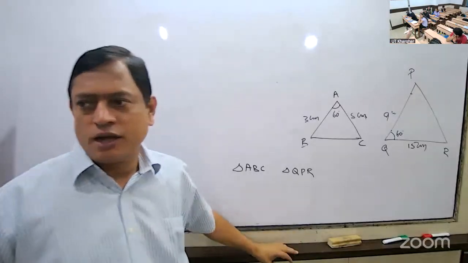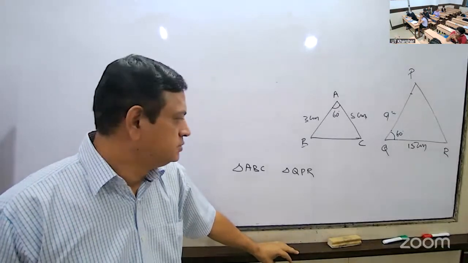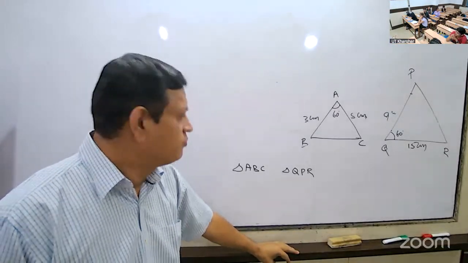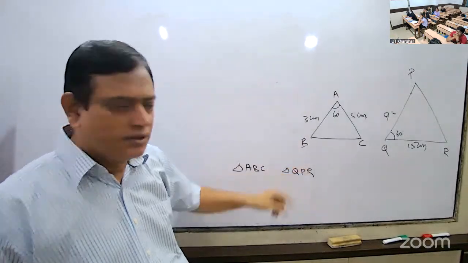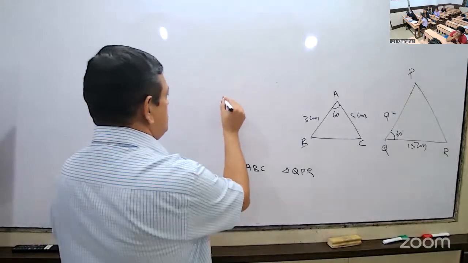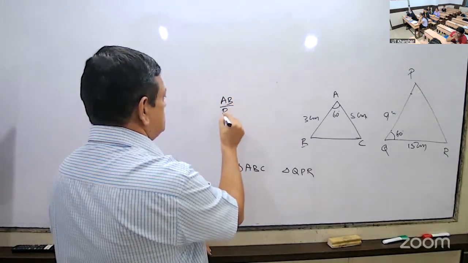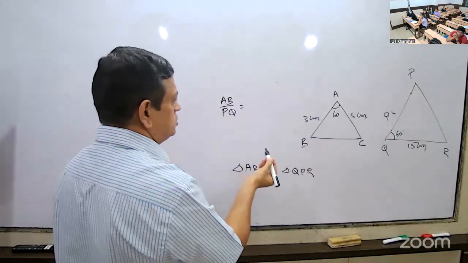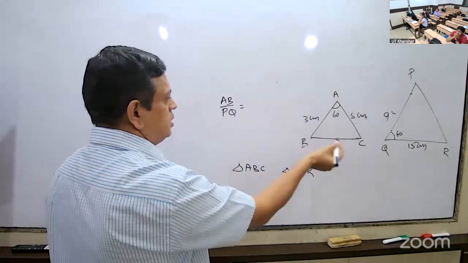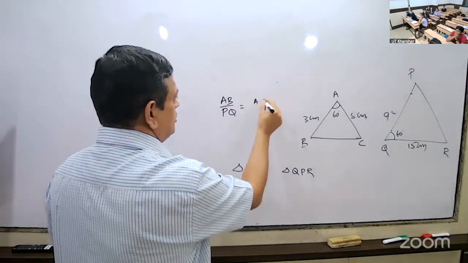Okay, tell, Aditya. Yes, sir. First you tell what are the conditions. AB by PQ, 1 by... is equal to what? 3 by 9 is equal to what? 1 by 3. Is equal to AC upon QR.